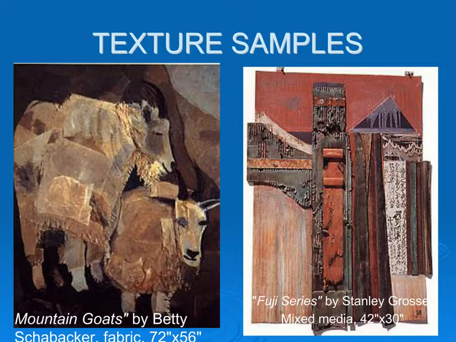I also wanted to speak a little bit about collage. Collage is a French term meaning cut and paste. These are two examples of collage compositions. The goats are made out of fabric, and some of it hangs loose from this piece. And then the artist layers paint on top of them.